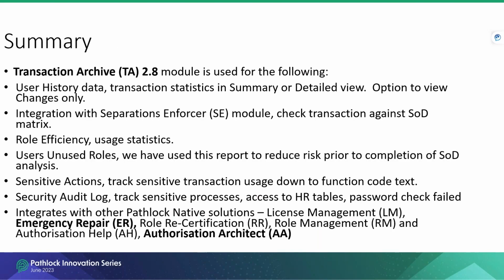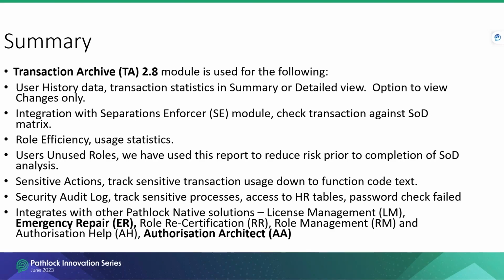So in summary then, we've highlighted in Transaction Archive the use of all this user history, which is tracking user activity, and detailed and summary reviews of reports. You mentioned this daily job that needs to be run to record all this information, and highlighted that that job is really important and it needs to be monitored.